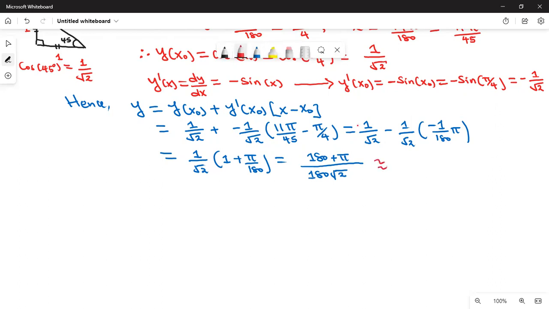Now, this one you can press in the calculator. It's not easy to know the value there. You can write 180 plus shift pi, that is 183.14. Then we are dividing by 180 times root 2. That should give you approximately 0.71945.